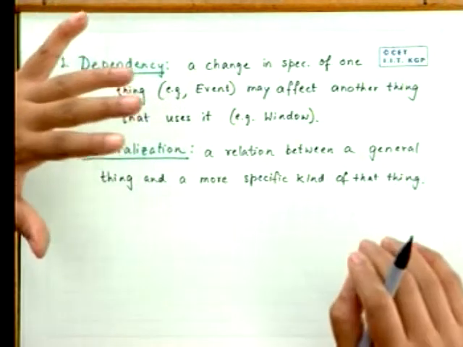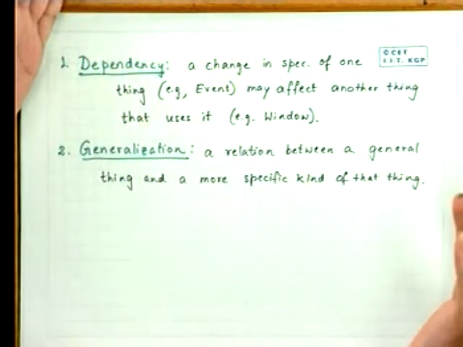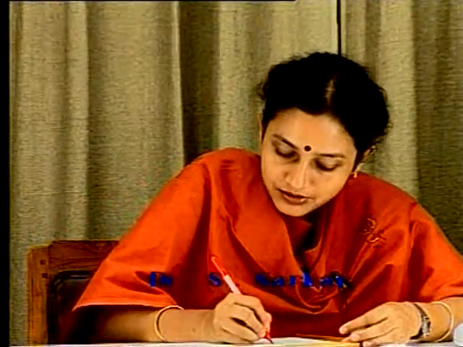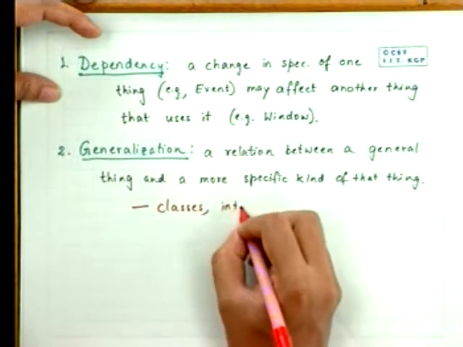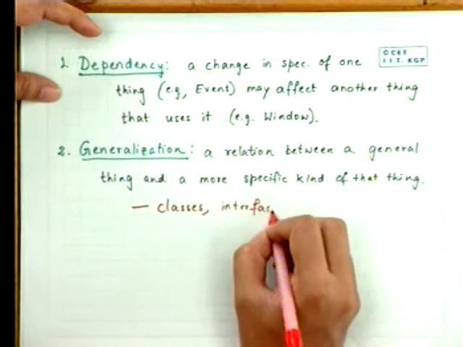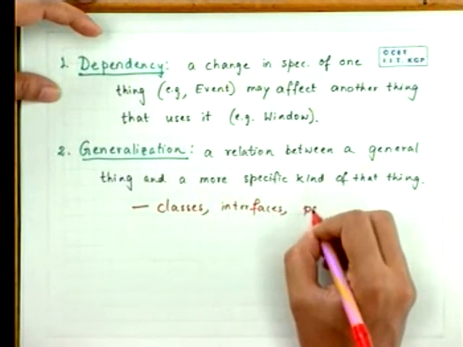Generalization is most commonly used among classes and interfaces. However, UML also uses generalization among other things, most notably among packages. So generalization is applicable to classes, interfaces, packages, etc.